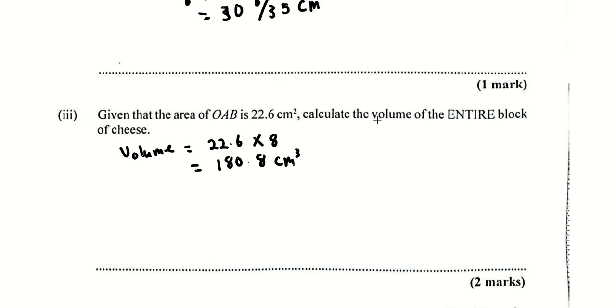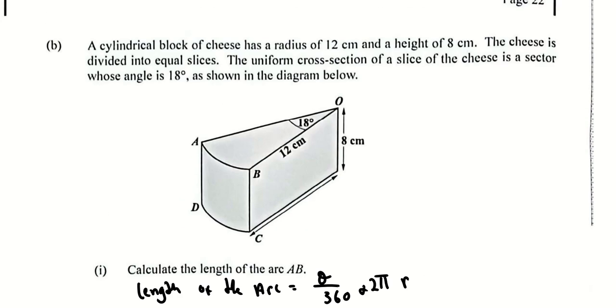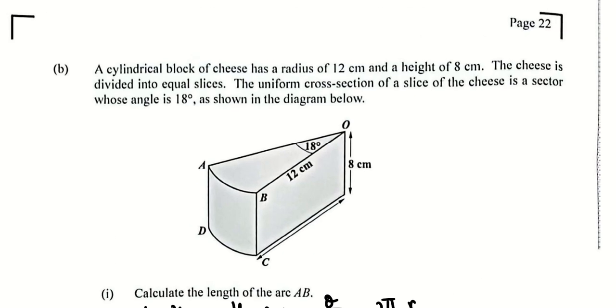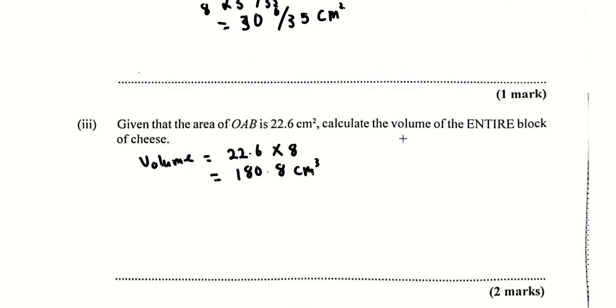Hold on, we found out the area of one slice of cheese. However, it is not one slice of cheese you're looking for, it is the entire block. Now, if you go back in your question, let's just go back very quickly. Let's see how many slices it was, right? Now, we already know that that block is going to be in a circle.